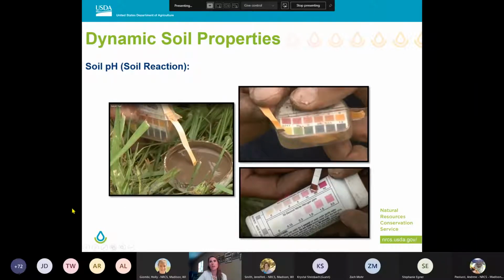And pH is something you can typically see in the leaf. If you have nutrient availability issues, it's likely related to soil pH in a lot of ag systems. It's influenced by the soil type and some of the other mineralogy, but again, management can greatly influence soil pH. When you fertilize, you're acidifying your soil. It's a salt, so you have to think about some of those things as well. Next slide, please.